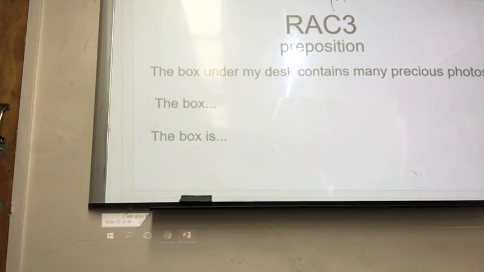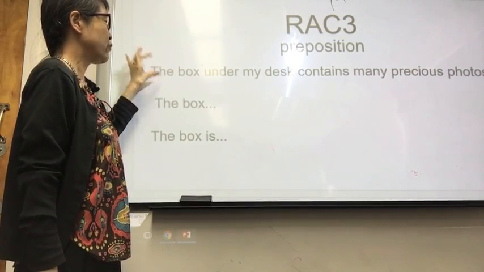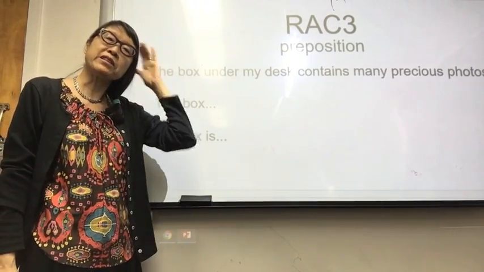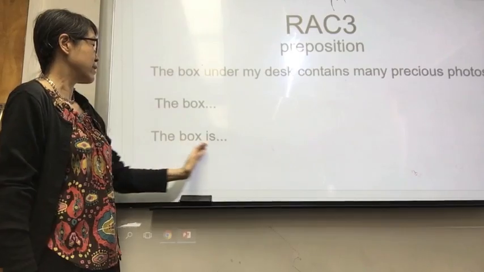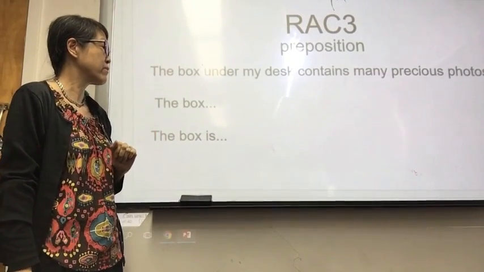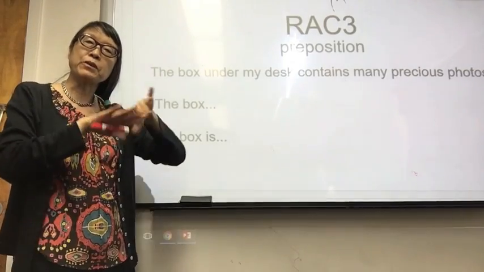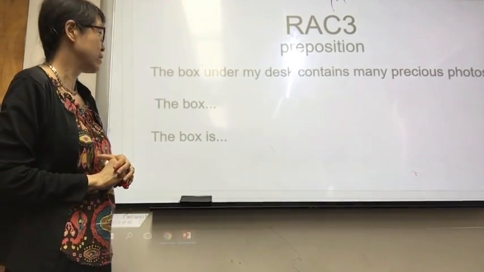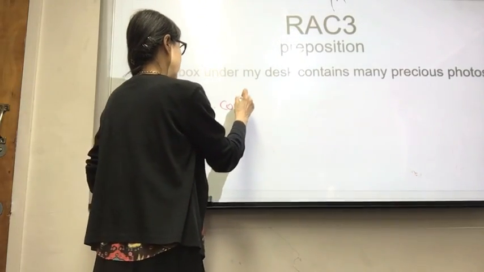All right, now let's unpack this sentence. If you had to make this into two sentences, what would they be? The box is. Remember how we combined sentences but then we took them apart? The box contains many precious photos.